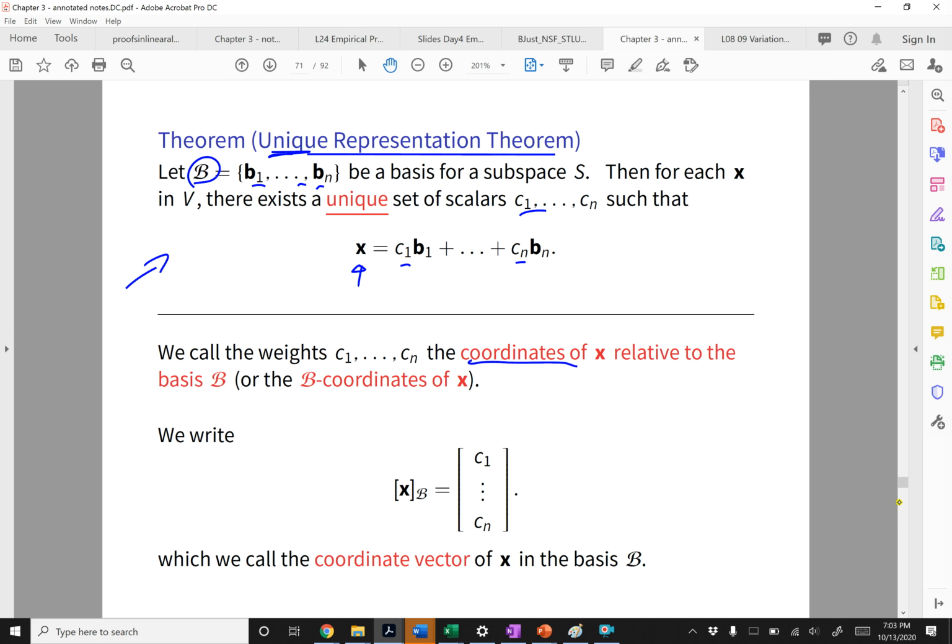And you might think, but x already has a set of coordinates. If I told you, hey, what combinations of b do you need to get to x? Let's just say we're working in R3 and x is 1, 0, 3. You're like, okay, it's already got coordinates, 1, 0, 3. It does have coordinates. These are the coordinates relative to the standard basis.